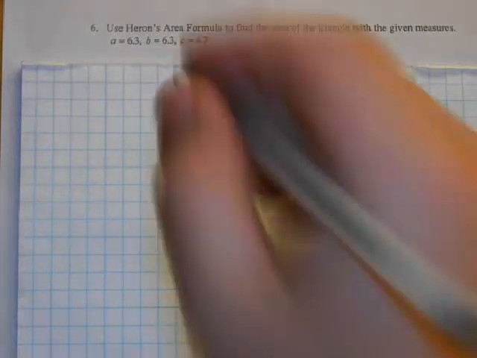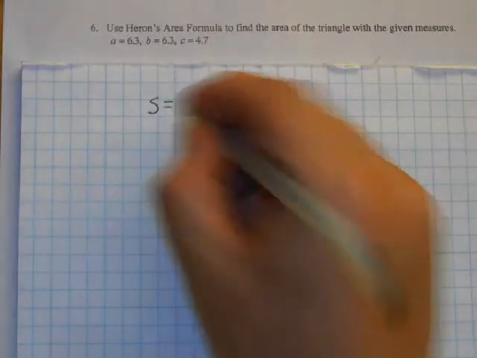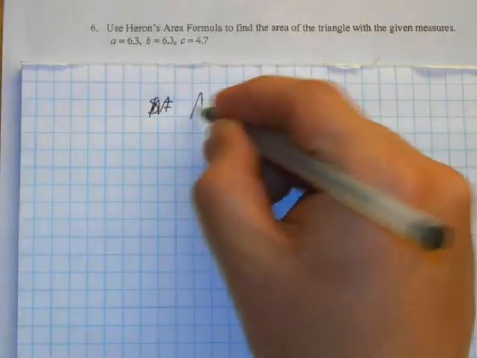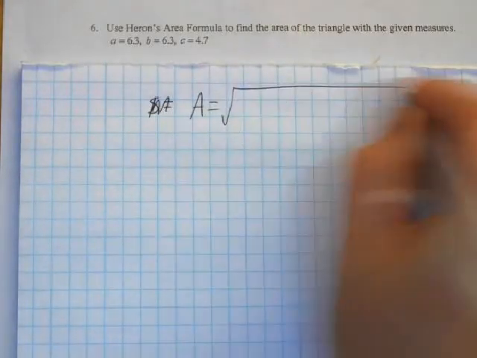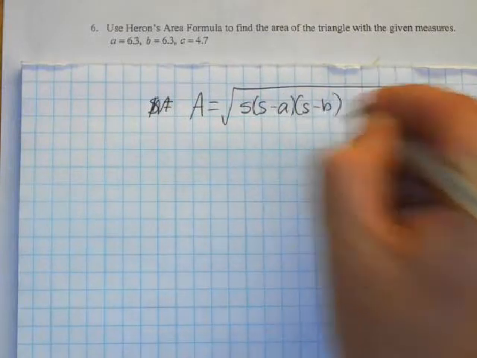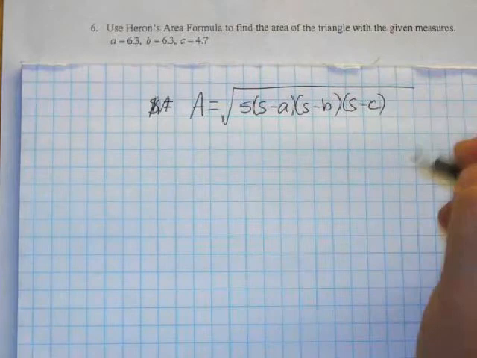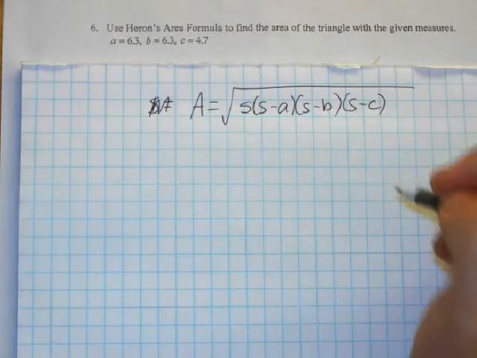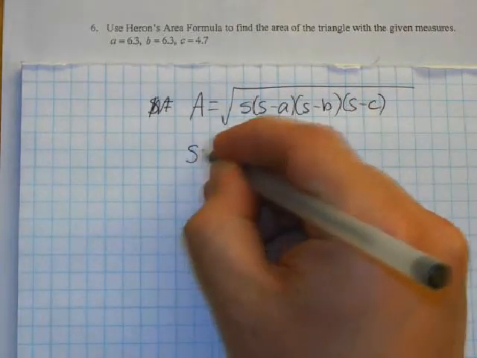So number 6. I'm going to give you the area formula for this one, so you don't need to memorize it. But what you do need to know is that S is the semi-perimeter.